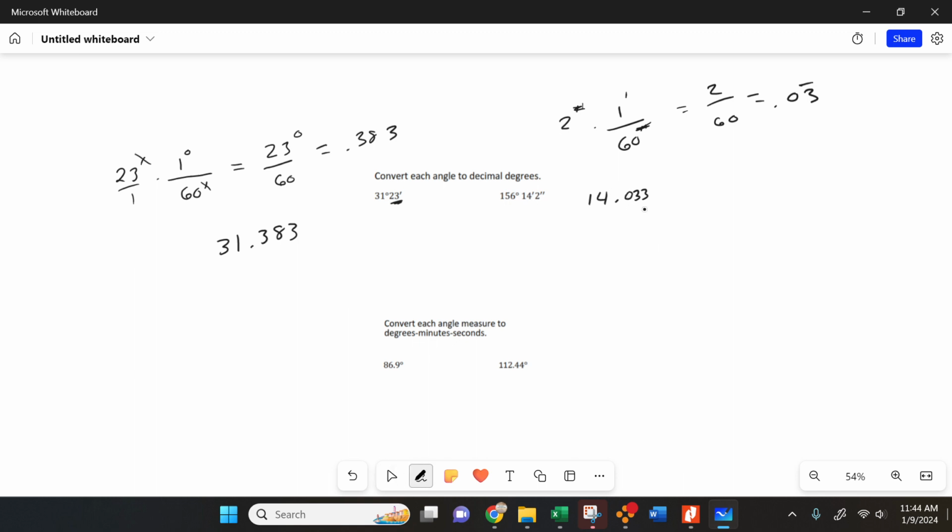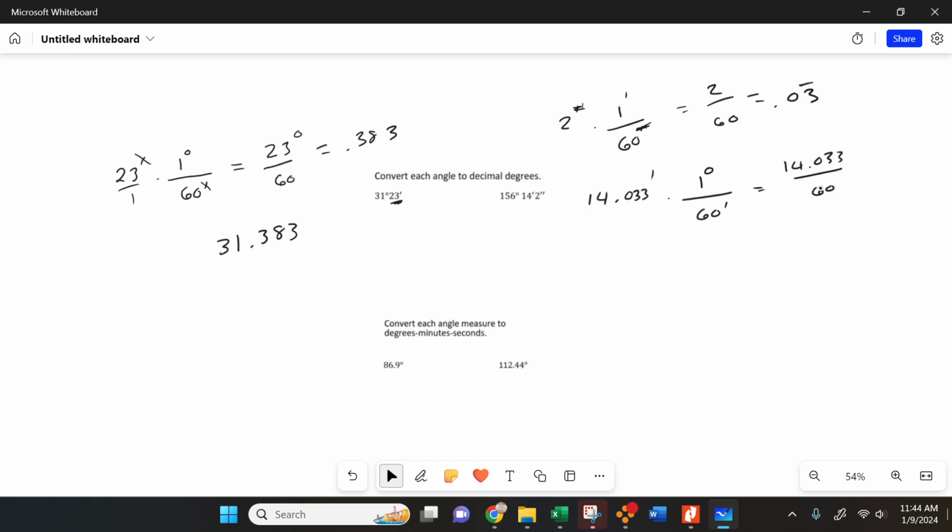Now I want to take that and turn that into degrees, so I'm going to do the game again. I've got 60 minutes in 1 degree. I use the conversion so that it cancels out. So the units will go, and I'm going to have 14.033 repeating divided by 60.